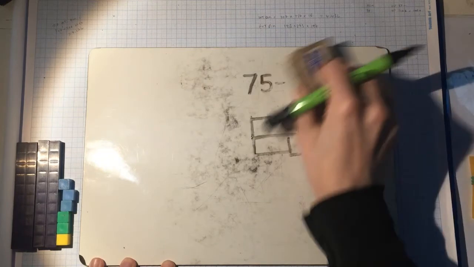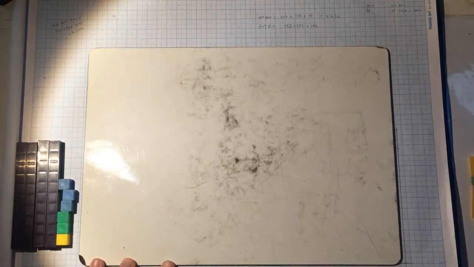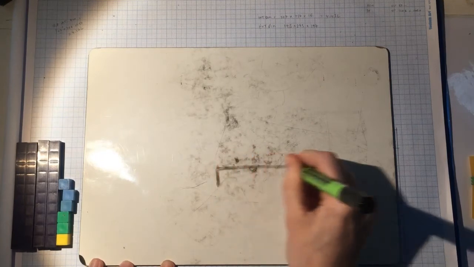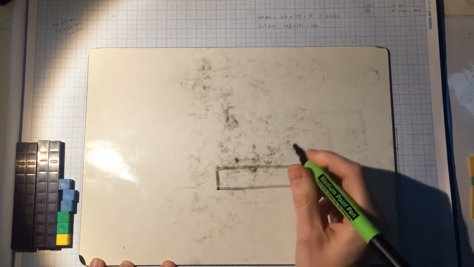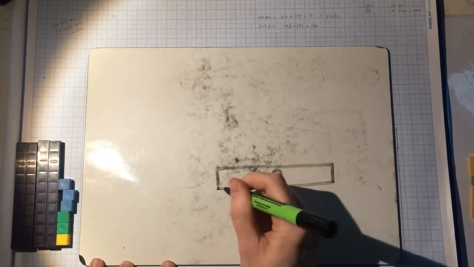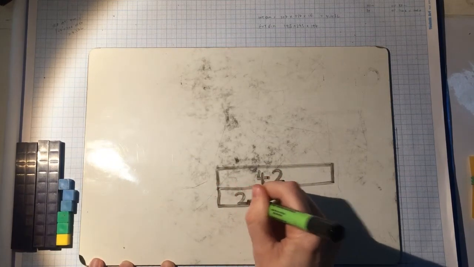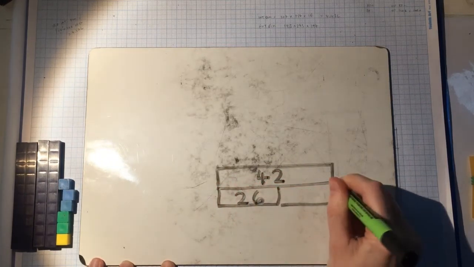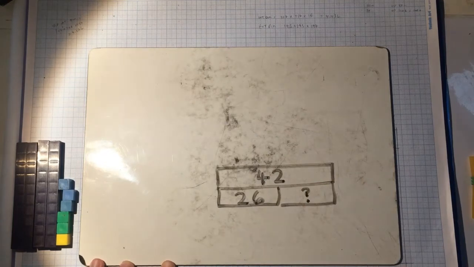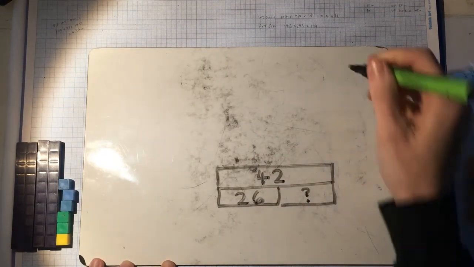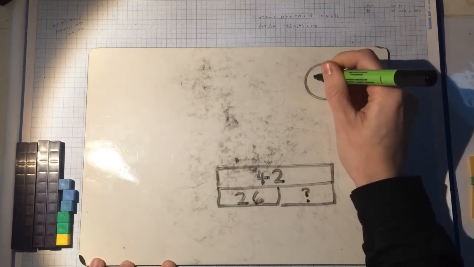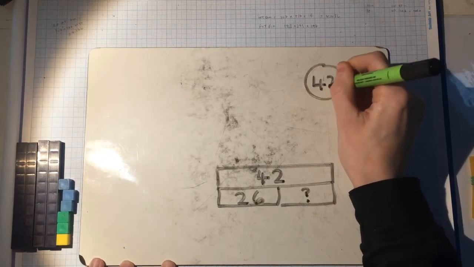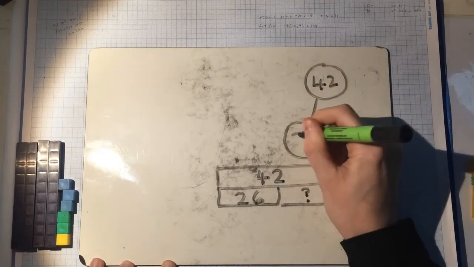It's also important that you present missing number problems within bar models and part whole models. So for example, 42 having one part as 26, and then again a missing number here. Or you could write that or model that within a part whole model as well.